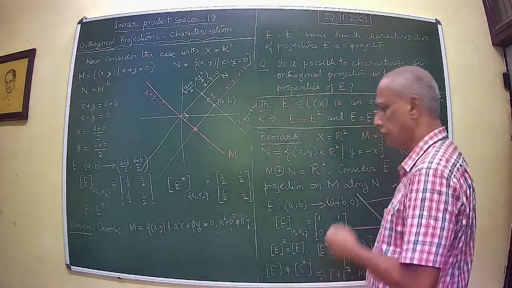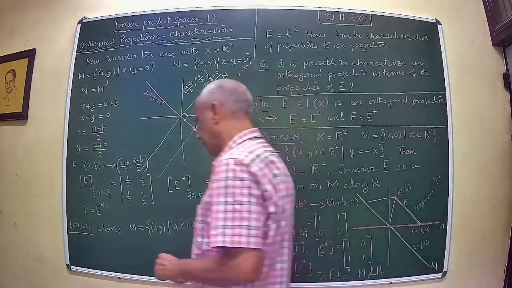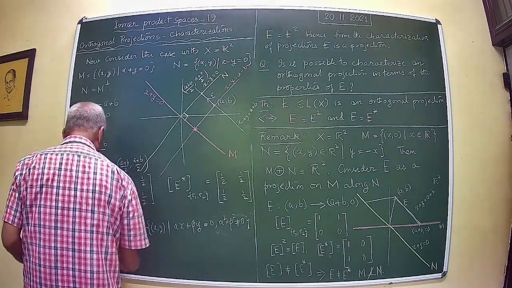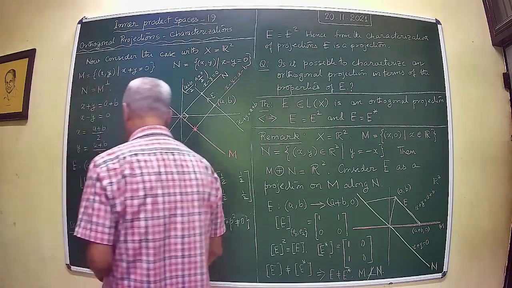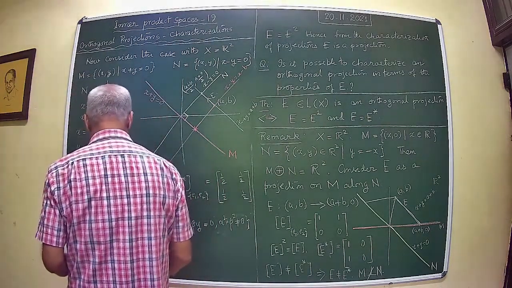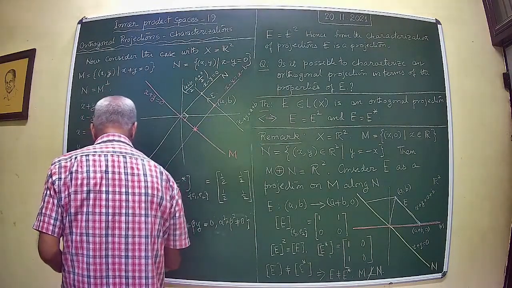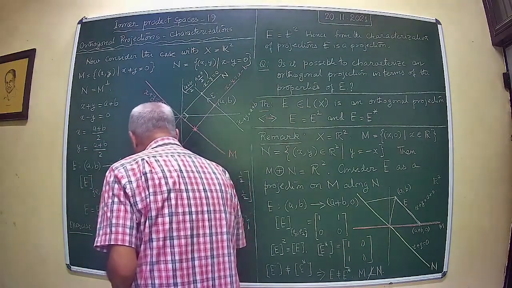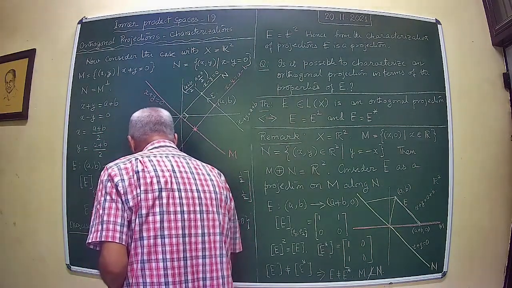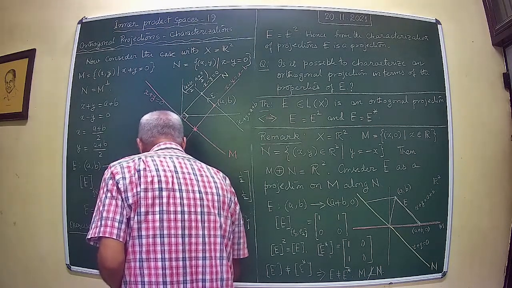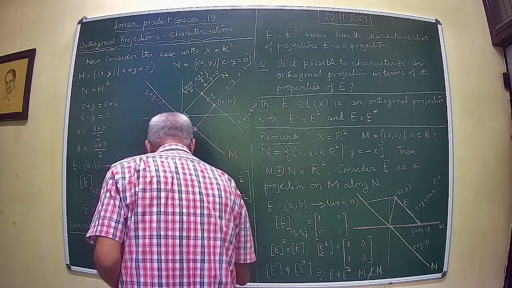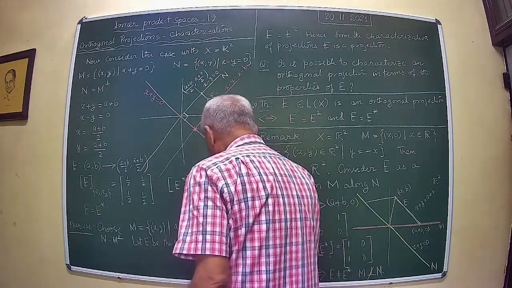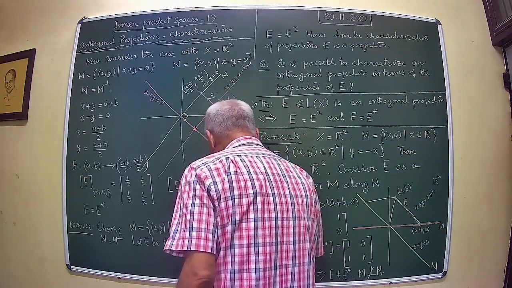You know that this is a proper one-dimensional subspace. Now choose N equal to M bar. So compute M bar. Let E be the projection on M bar.